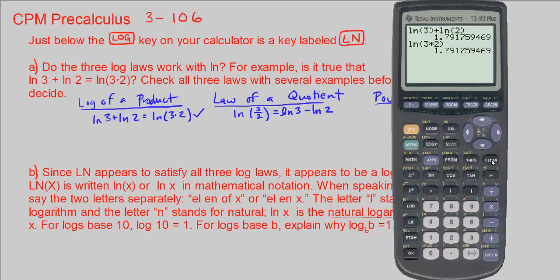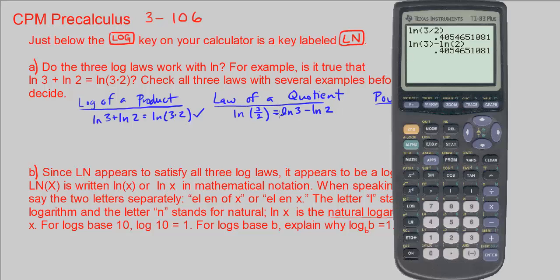Let's test that. I'm going to clear my calculator, put ln of 3 divided by 2, and press equals. That gives me 0.40546, and so on. Then I enter ln of 3, close the parentheses, minus ln of 2, and check that. These are also equivalent.